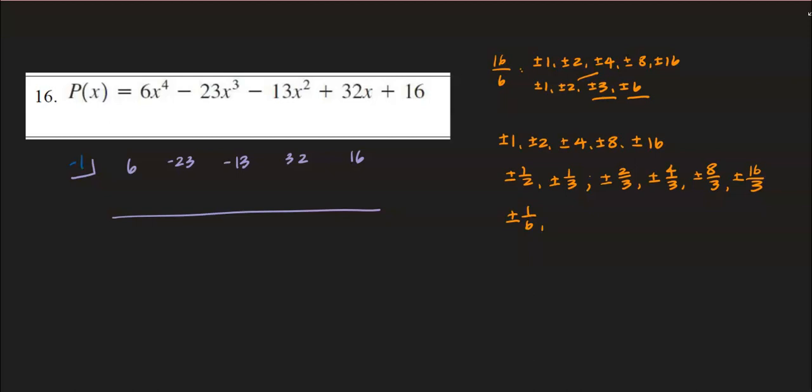Let's try negative 1. 6, negative 6, 23 plus 13, negative 36. 23 plus 6, 29, negative 29. 29 minus 13 is 16, negative 16. 32 minus 16 is 16, and then negative 16. There we go.